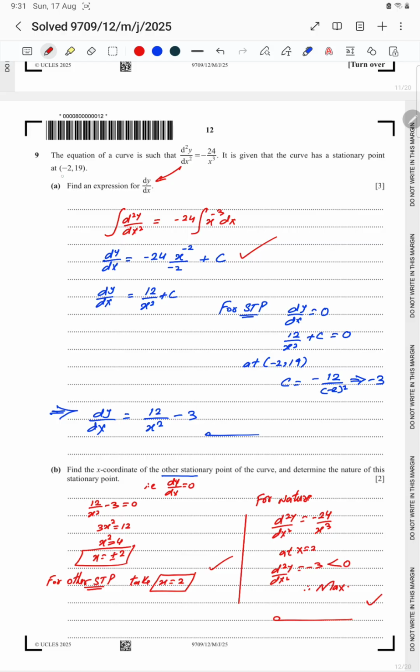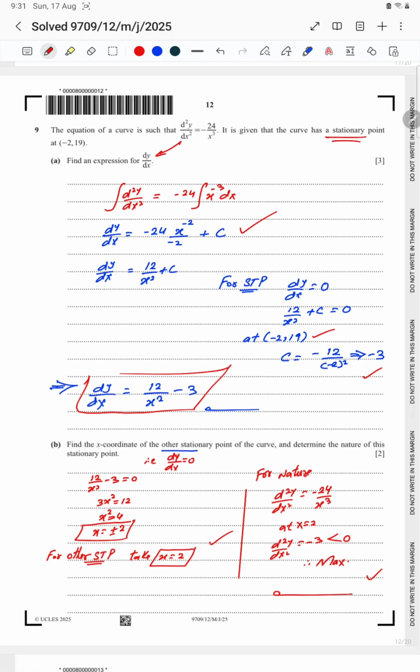As the point is given, x is -2, y is 19, I replaced them here for the value of c. It's a stationary point, and stationary point means dy by dx is 0. I took dy by dx as 0 and replaced this point (-2, 19), and I got c equal to -3. So finally my result is dy by dx equal to 12 by x squared minus 3.